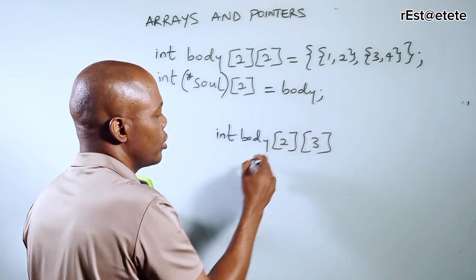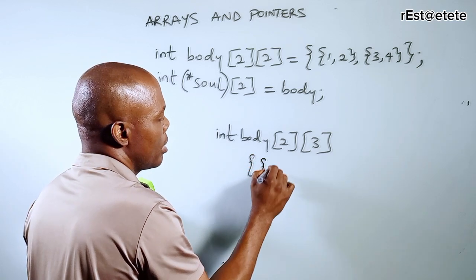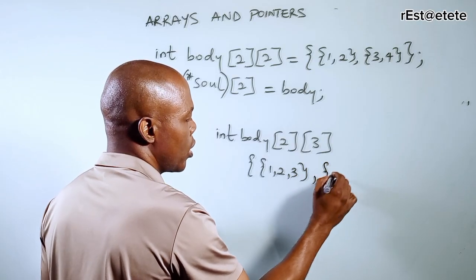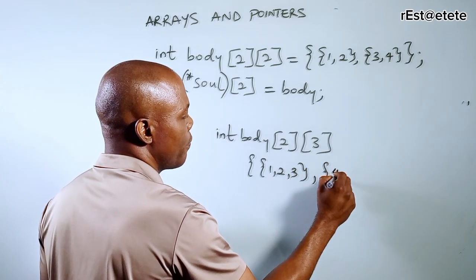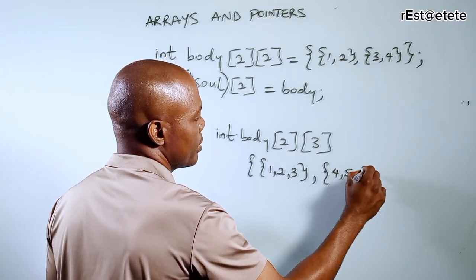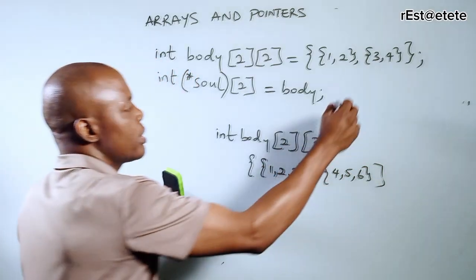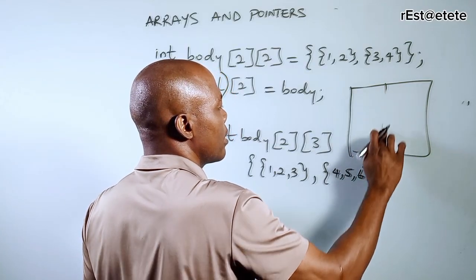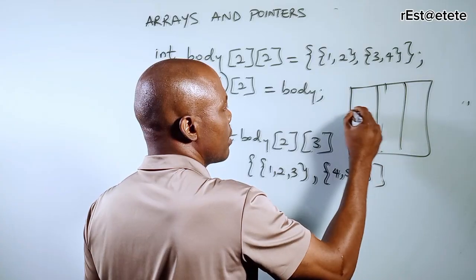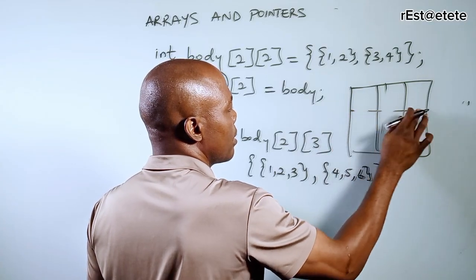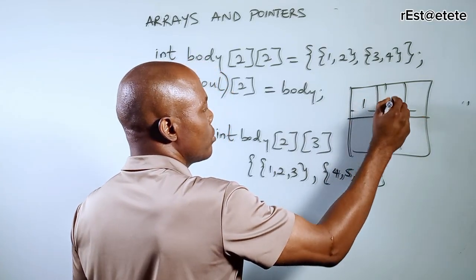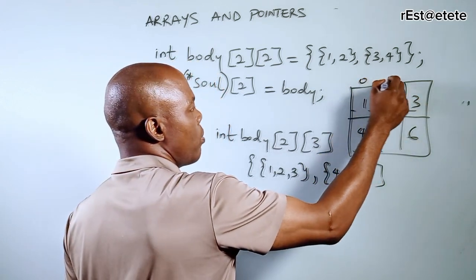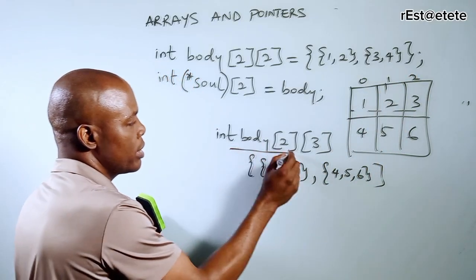So this initialization will be 1, 2, 3. Then the second row will be 4, 5, 6. So if I'm to draw this, that would be this. I'll just do this. So this is 1, 2, 3, 4, 5, 6. So I'm having 0, 1, 2. So this is what this is telling you.